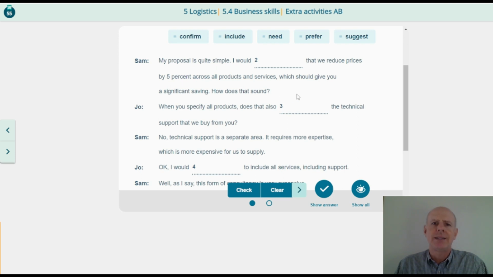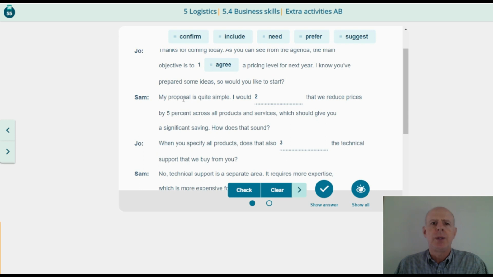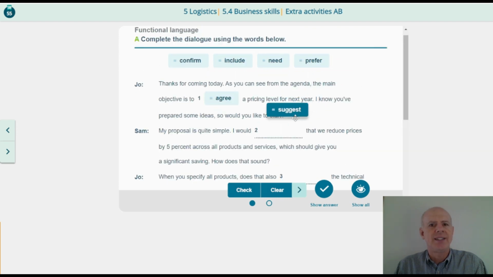How does that sound? So the person stated and asked for agreement. So what's number 2? I would that we reduce prices. I would suggest. Very good.